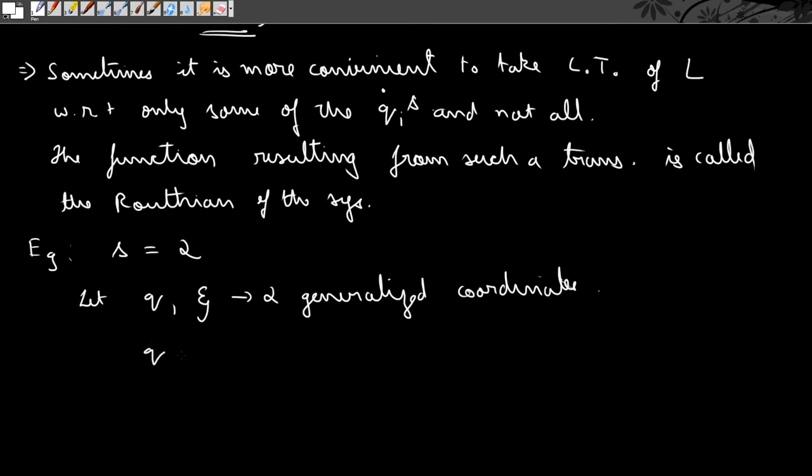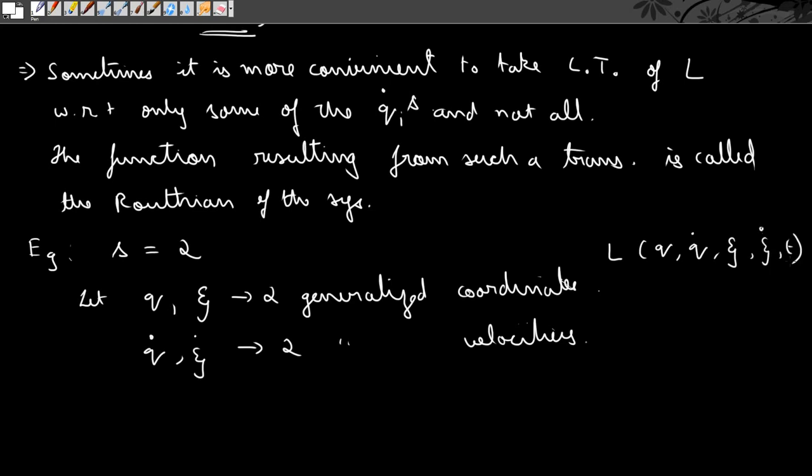Then the variables q dot and xi dot will represent the two generalized velocities. Our Lagrangian, as we know, is a function of coordinates, velocities and time, so this will be a function of q, xi, q dot, xi dot and t.